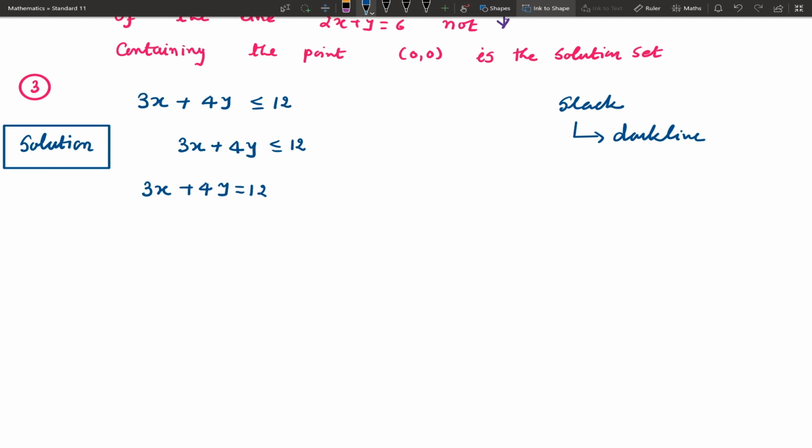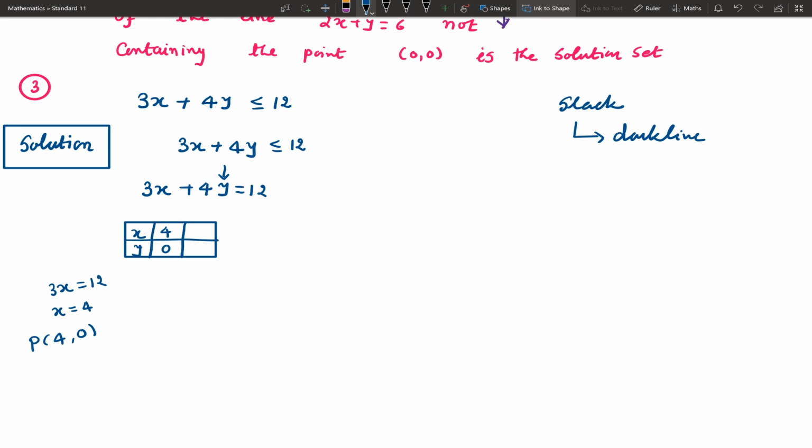Now to draw this line 3x plus 4y equal to 12, as usual we will take two distinct points. For simplicity we will select points from the axis. For a point on the x-axis, the y coordinate is 0, so put y equal to 0. We get 3x equal to 12, so x will be 4. One point of the line is P (4, 0).